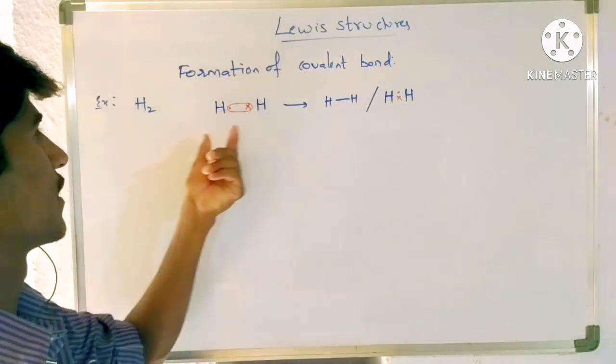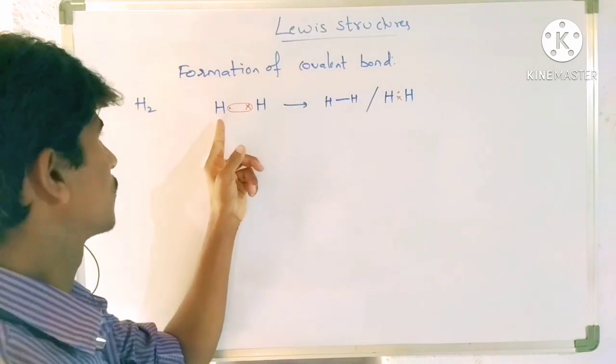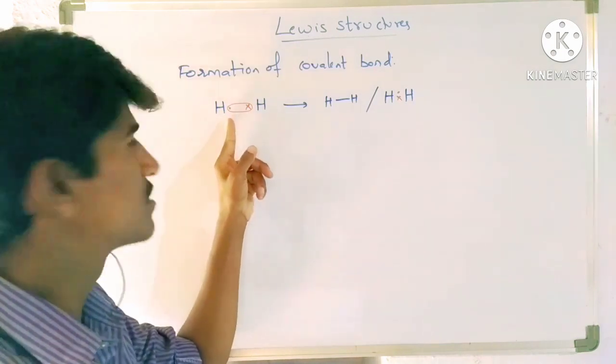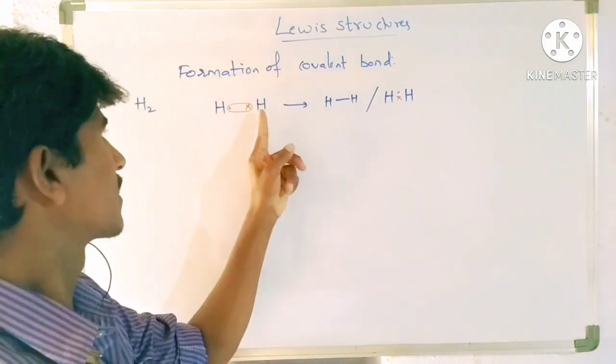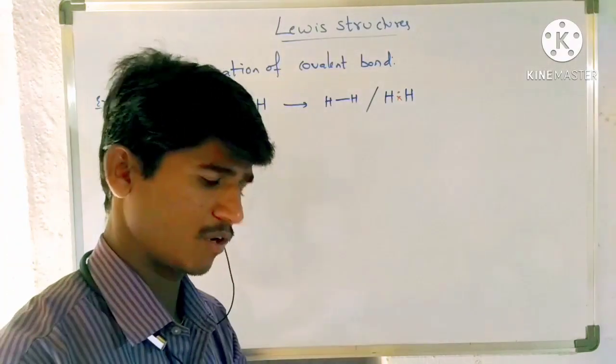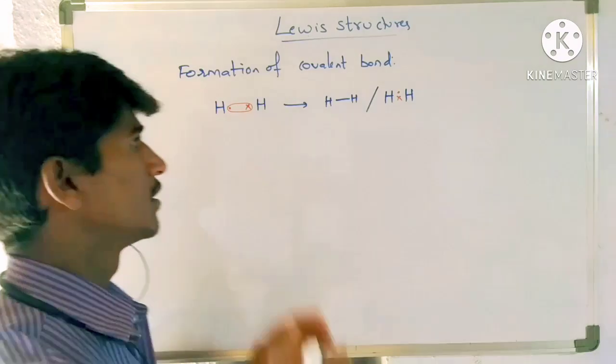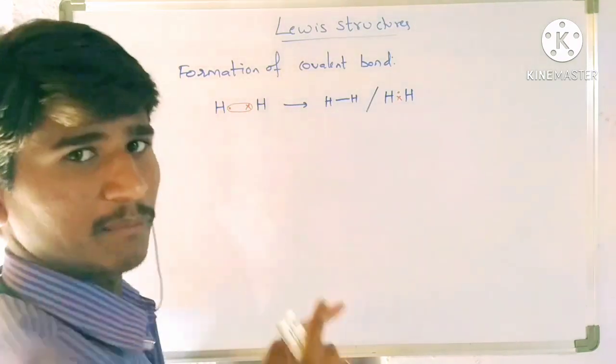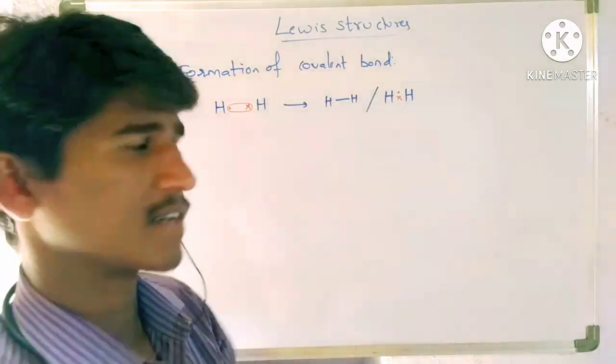First hydrogen has only 1 electron. This is the Lewis symbol for hydrogen, and this is another hydrogen with its Lewis dot symbol. These symbols may take a dot mark or cross mark, no problem. To distinguish between the two, I am taking one as a dot and one as a cross.